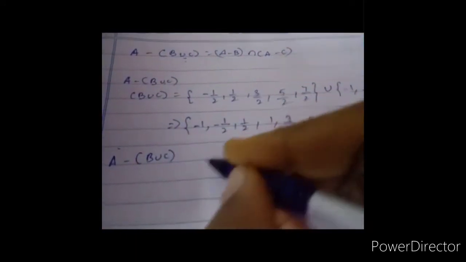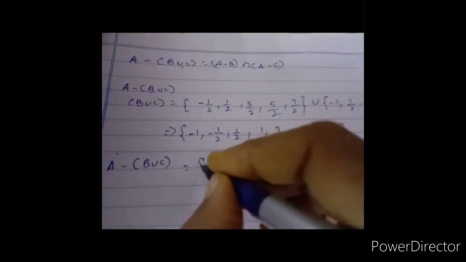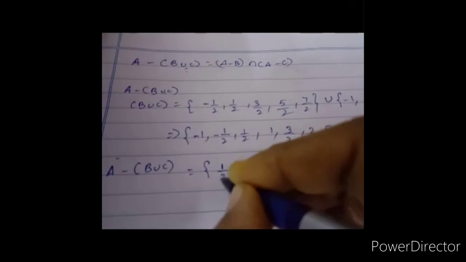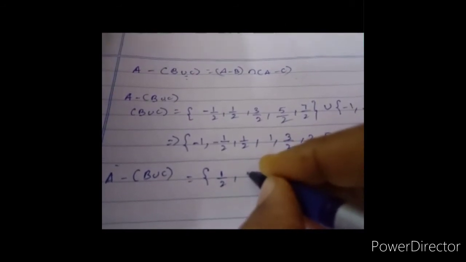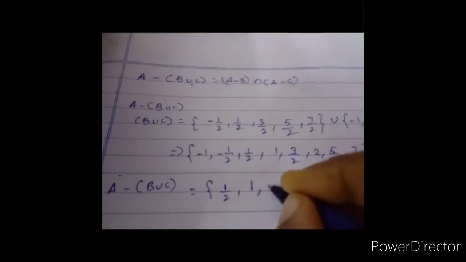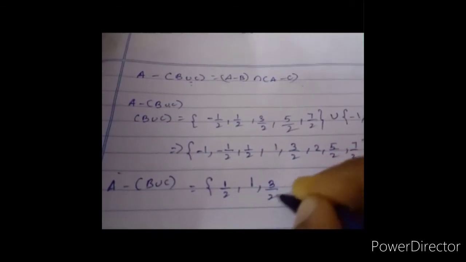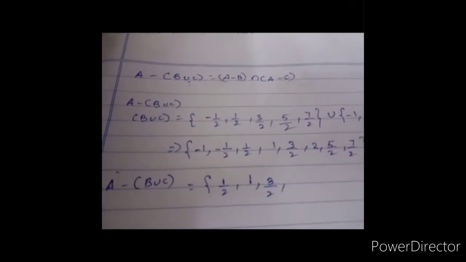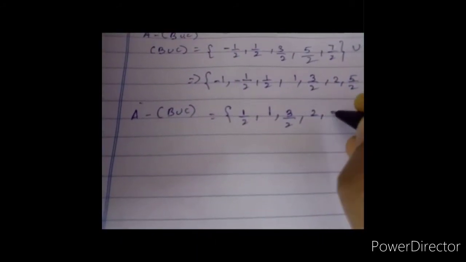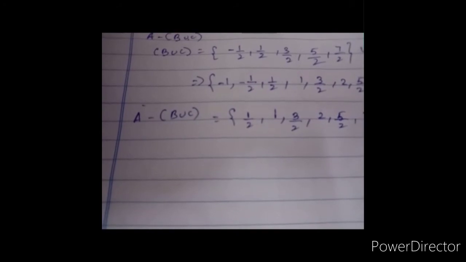Now A minus (B union C), which is equal to: A value is 1/2, 1, 3/2, 2, 5/2, then 3.